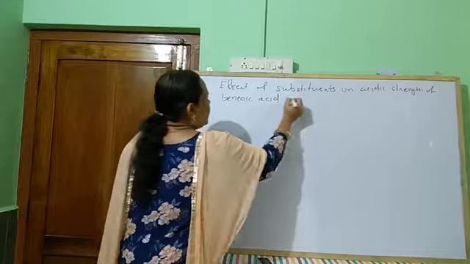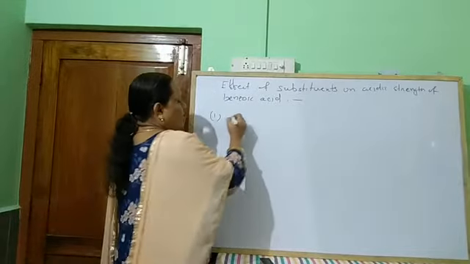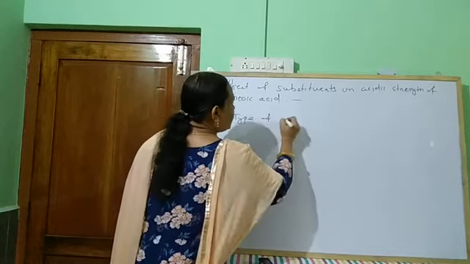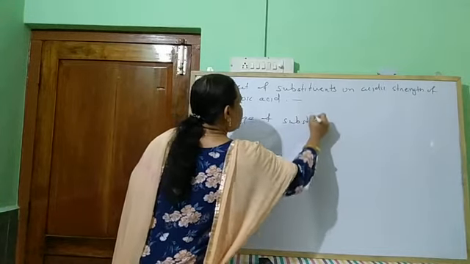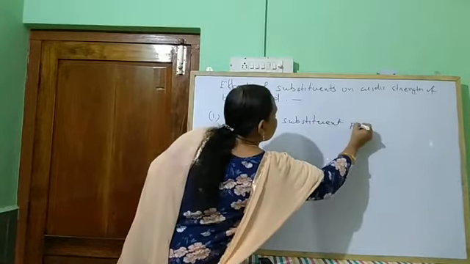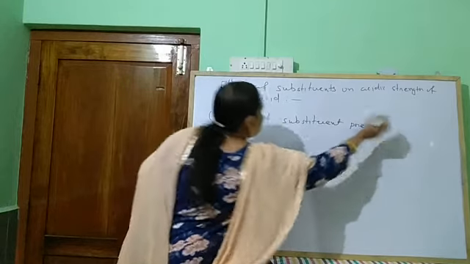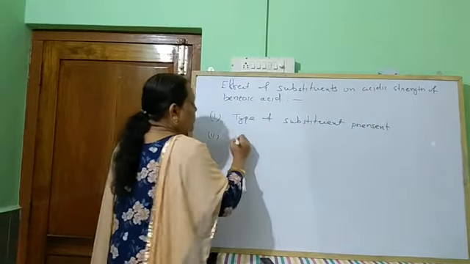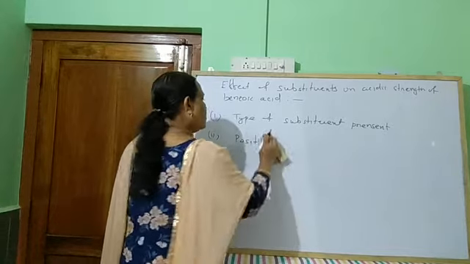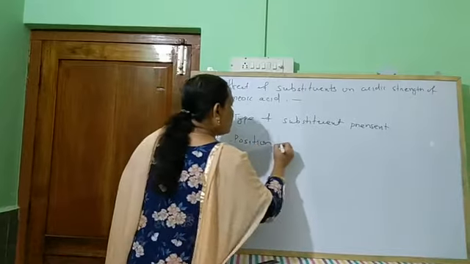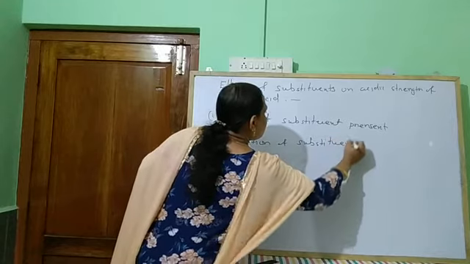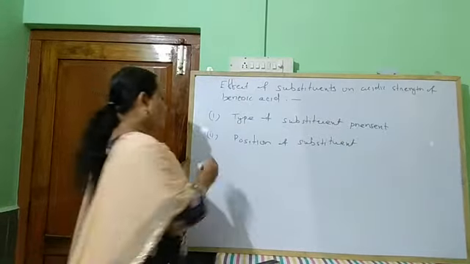So remember, two effects are there. It depends on two factors: one, the type of substituent present in this benzoic acid, and number two, the position of substituents. So what are these factors?